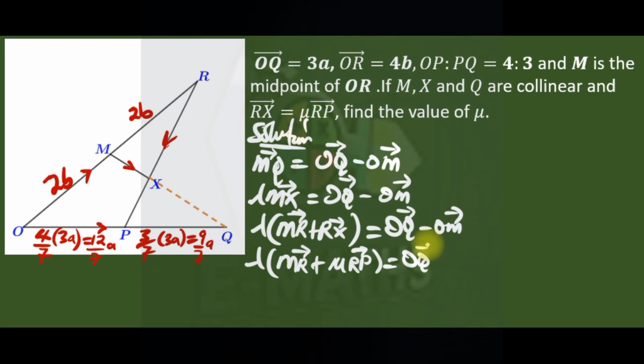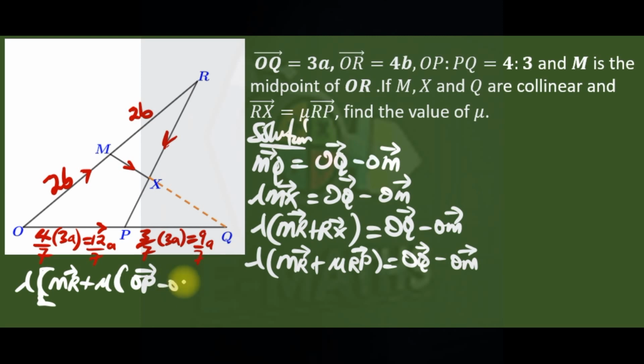Okay, and from here we can get RP in terms of OP and OR. So we have lambda MR plus, okay, let's use a bigger bracket, mu. From here you can see that RP is OP minus OR.